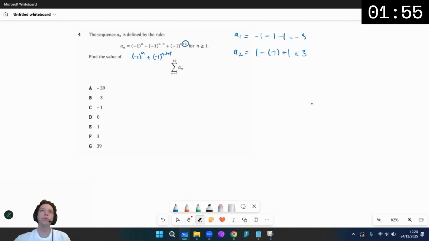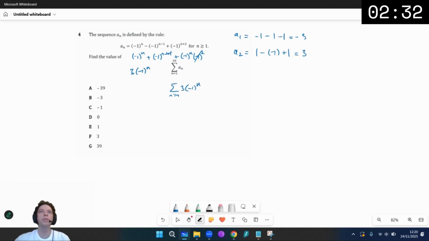And adding a 2: if n is even, n+2 is also even. If n is odd, n+2 is also odd. So it's the same value as (-1)^n. Essentially it's (-1)^n times (-1)^2, and (-1)^2 is 1, so that goes away. So basically, this is just 3 times (-1)^n, which is what I suspected. a_1 is -3, a_2 is 3, so that seems to work out. So this sum is just 3 times (-1)^n.